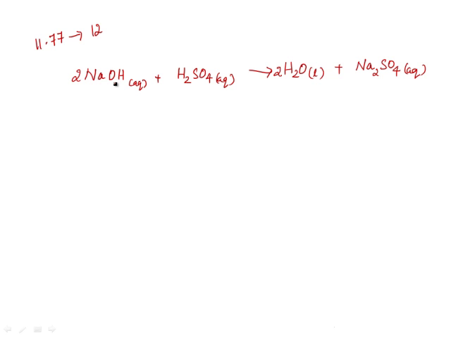In such types of problems, guys, molarity and volume of one species will be given to you, either the acid or the base. And for the other species, volume will be given to you and you will have to calculate the molarity. So here for NaOH, we are given the volume and the molarity.